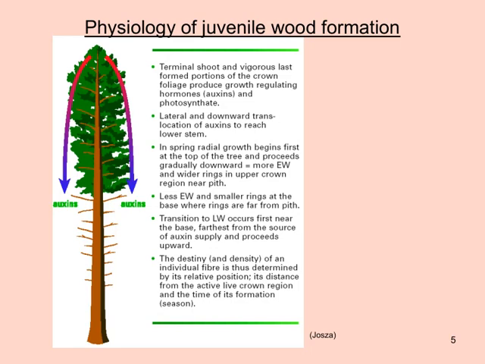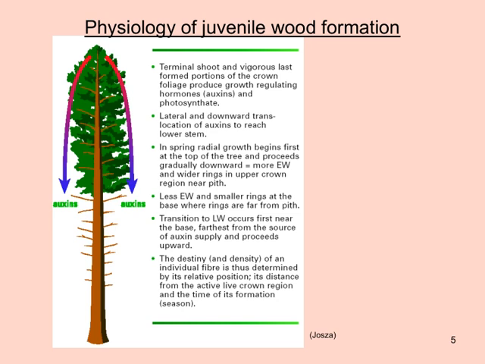Let's delve into the physiology of juvenile wood formation, as explained by Jossa. When we talk about juvenile wood, we're referring to the wood produced early in a tree's life, which has distinct characteristics from mature wood. Understanding how this wood forms is crucial, because it affects the overall quality and properties of the timber.